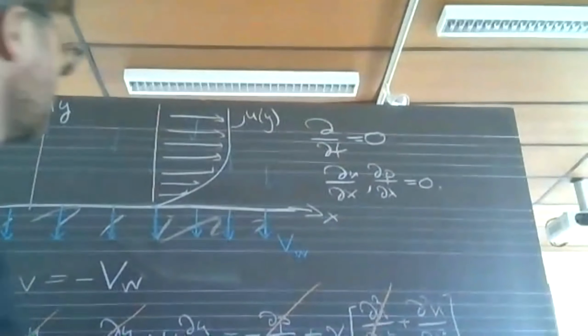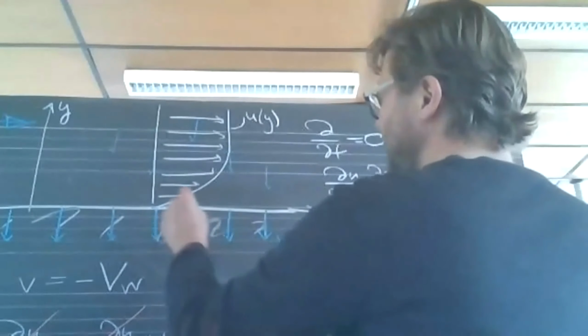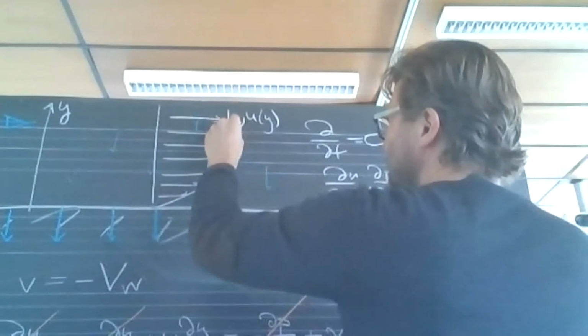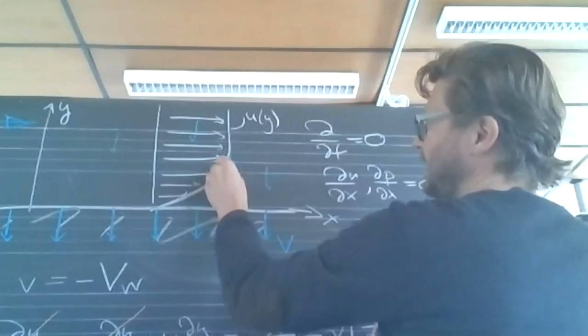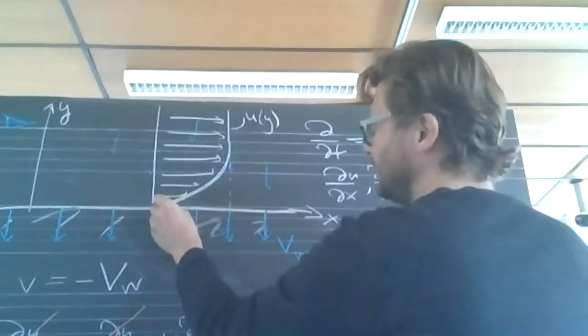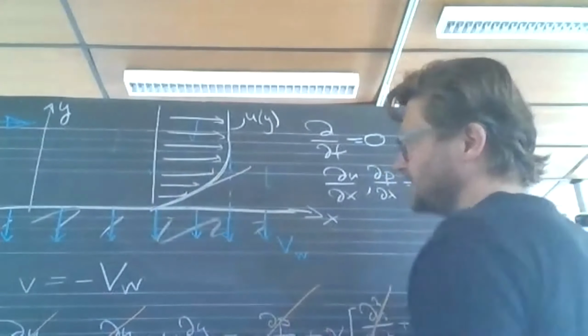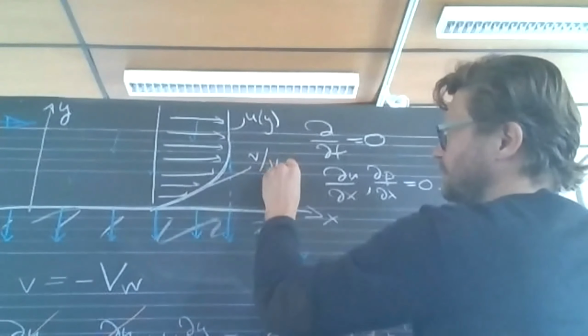So if we go back here to our solution up here, the shape of the boundary layer is essentially a decaying exponential. And the decay rate of this exponential is exactly this nu over VW.